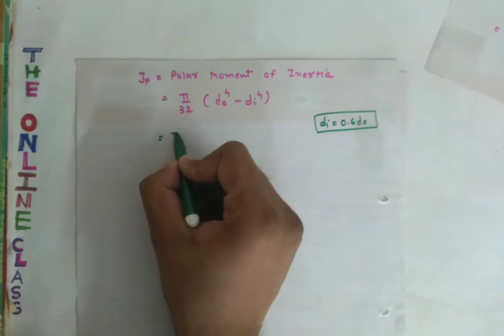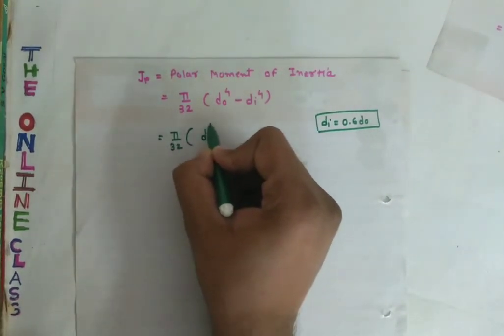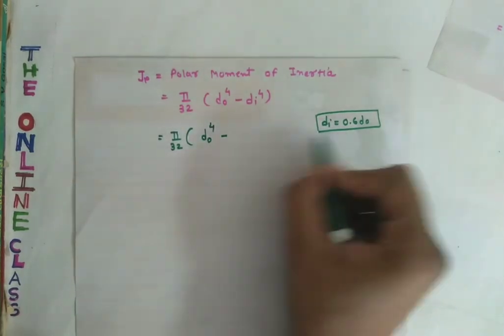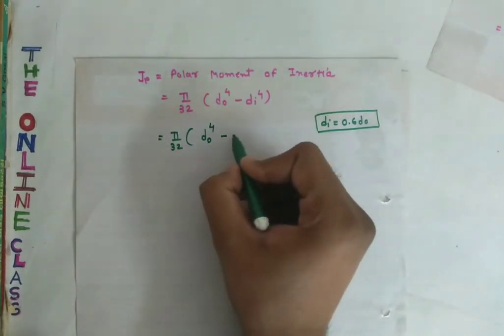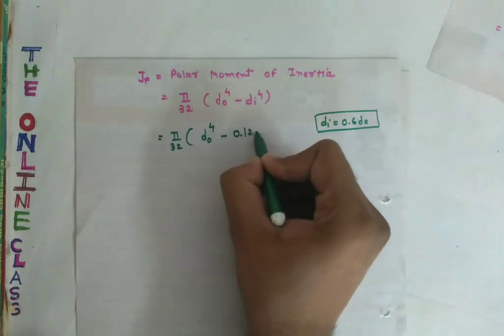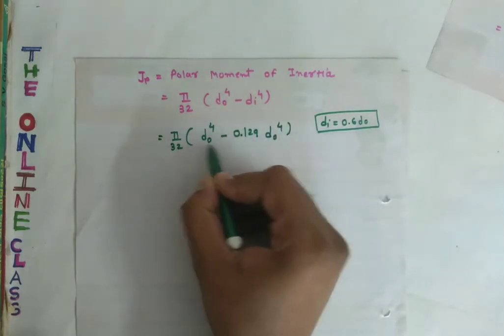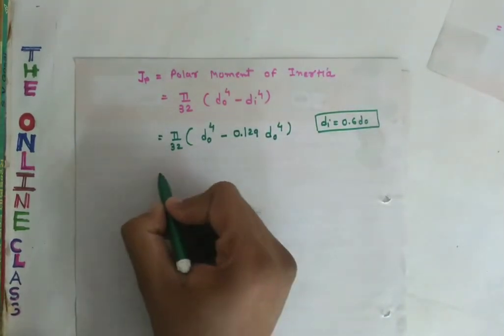Then we have pi by 32 into bracket DO raised to 4 minus 0.6 raised to 4, which is 0.129, so DO raised to 4 into 1 minus 0.129.